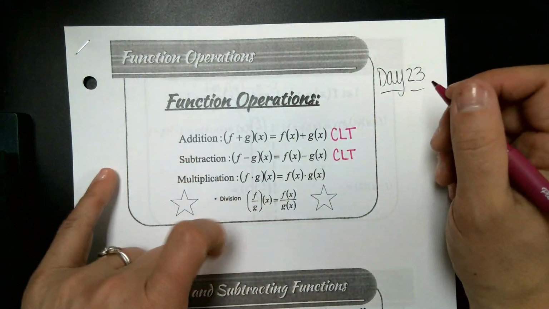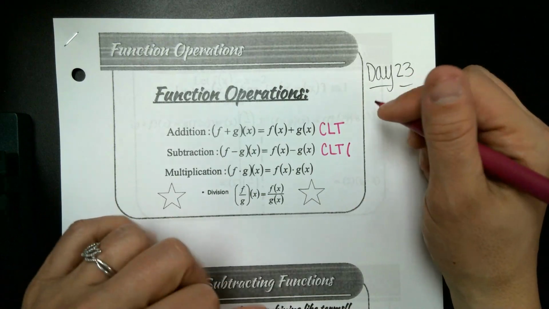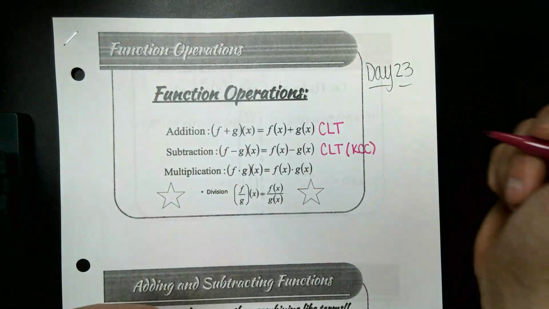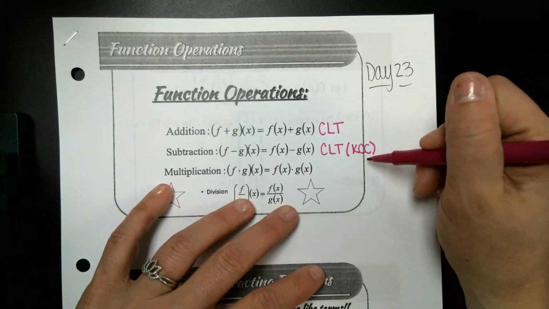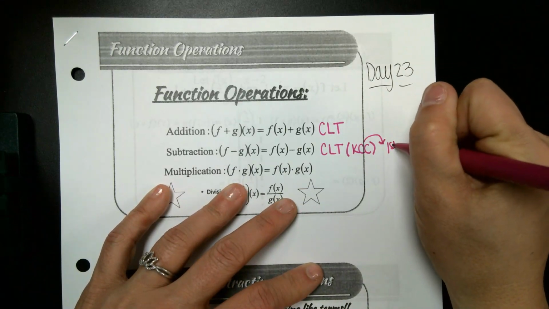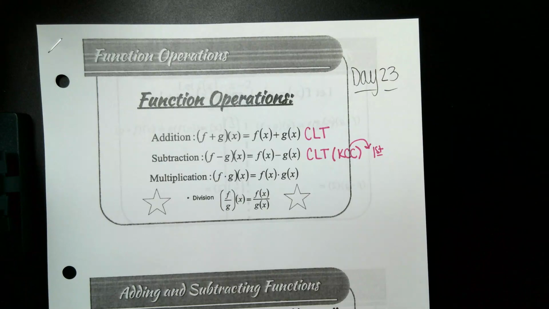What do we always do with subtraction, though? Don't we usually turn it into addition? Using what? Yeah, so we're going to do the keep, change, change first. But then after we do keep, change, change, we will end up just combining like terms again. So the top two are nothing more than combining like terms.